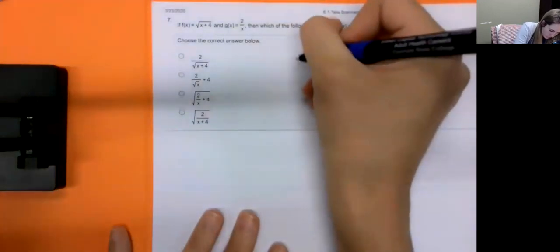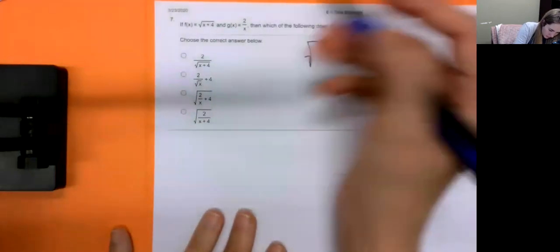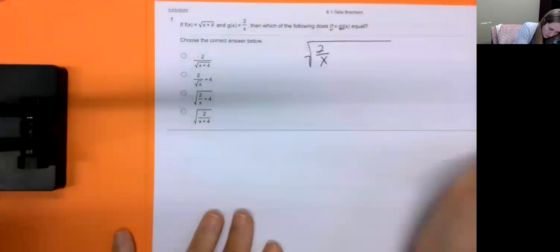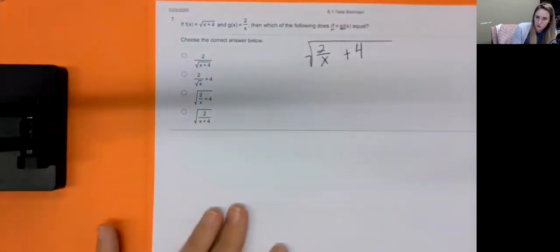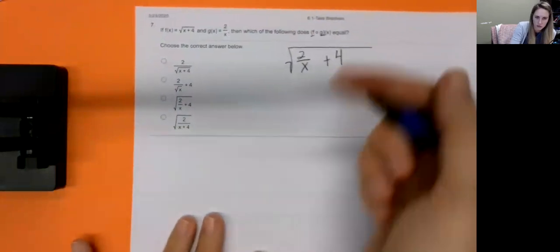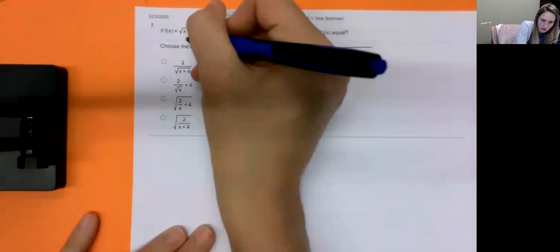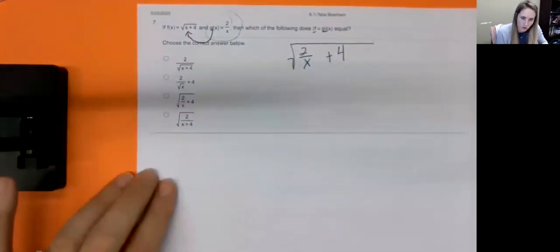So we have the square root of, and then instead of x, we're going to put our g function there. So we substituted this in for x.